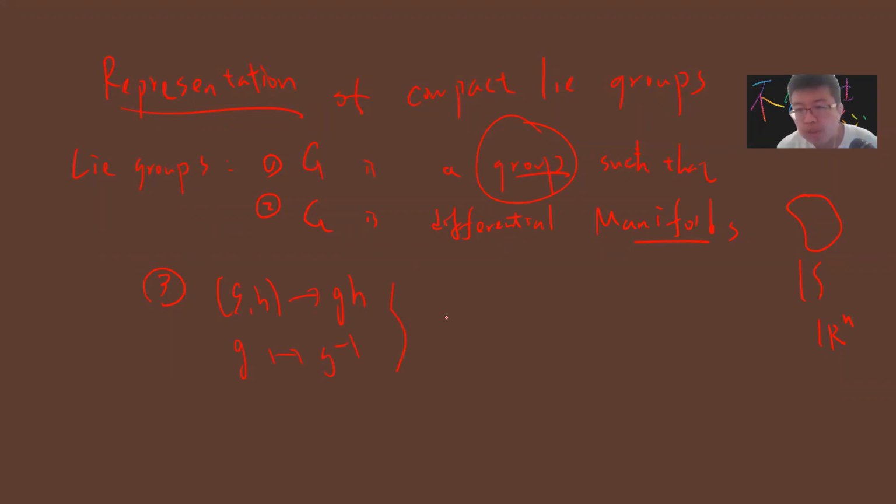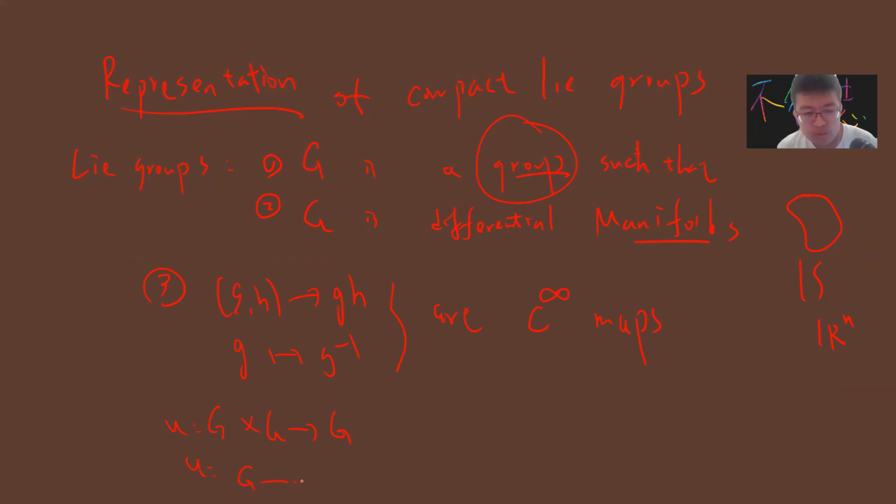So these two maps are all C infinity maps. Basically, they're all differentiable maps. You can view (g, h) mapping to gh as a map from G cross G to G, so you can view this with the product topology, such that you can talk about C infinity maps.